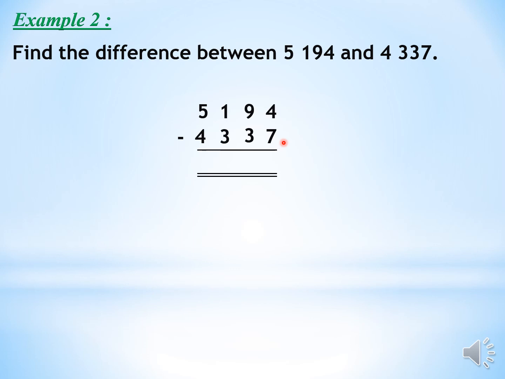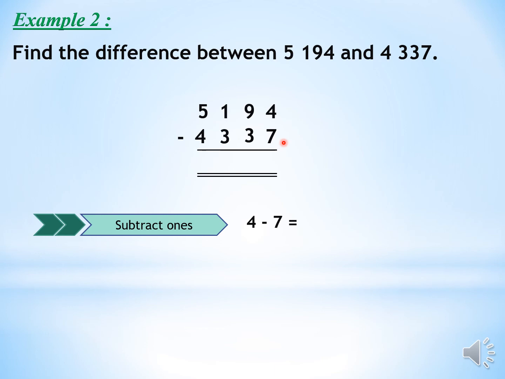We should subtract the ones firstly. 4 subtract 7. Can it be done? No. So, we borrow 1 from 9. So, 9 becomes 8 and 4 becomes 14. Then 14 subtract 7 is 7.